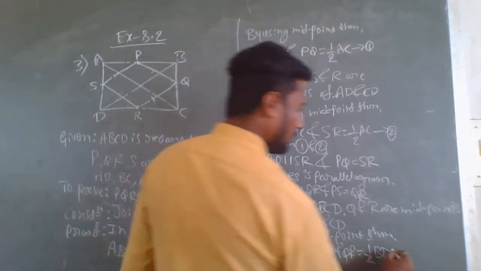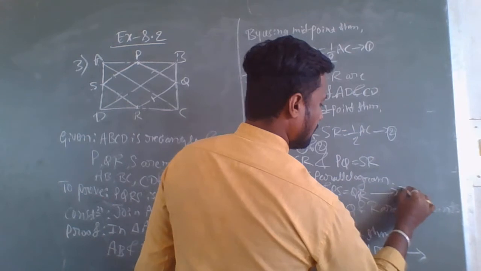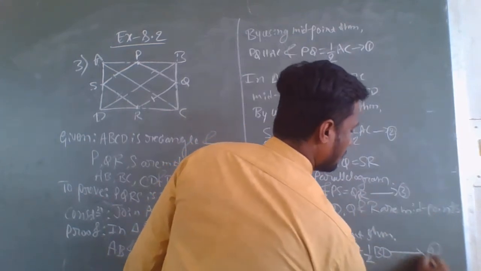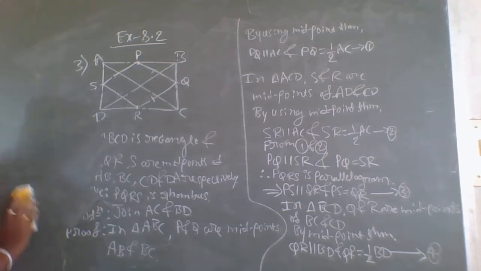Now I will consider this as 3 and this as 4. Next, I will write it in the place of given, to prove and construction.